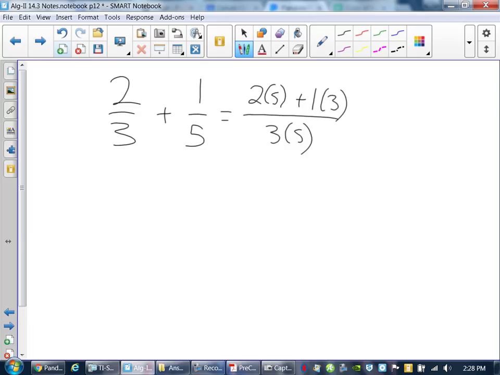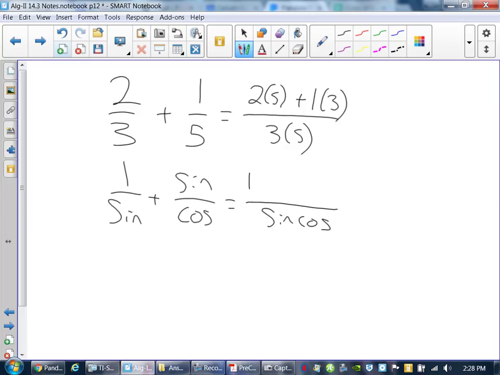It means the exact same thing if this was 1 over sine plus sine over cosine. You do the exact same thing. You have to multiply the denominators together. The fraction on the left has a sine, it needs a cosine, so it's 1 times cosine.